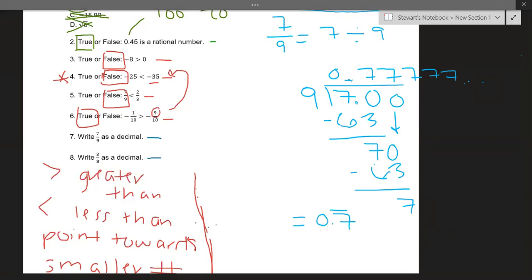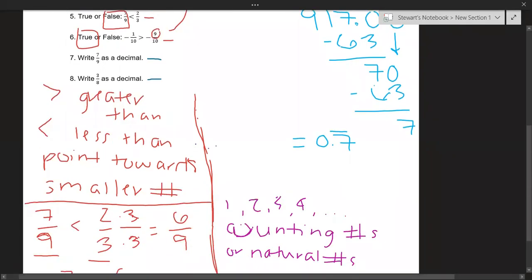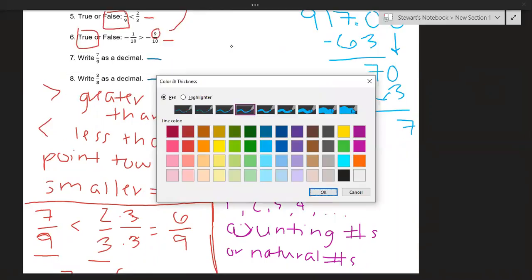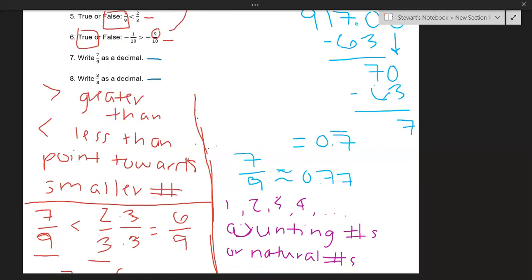It's also important to consider here that if you did 7/9 or 7 divided by 9 on a calculator, it would approximate it to 0.7777, however many spaces it has to display, and then it would round off to an 8 at the last decimal place. That's not wholly accurate. It just does that because it ran out of room, and this goes on forever.